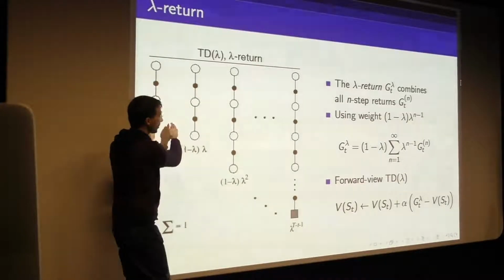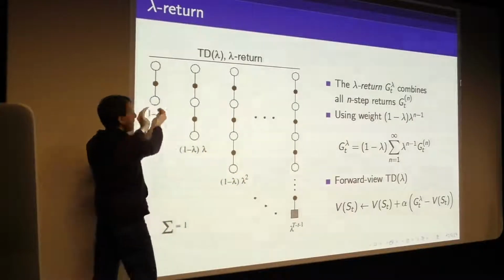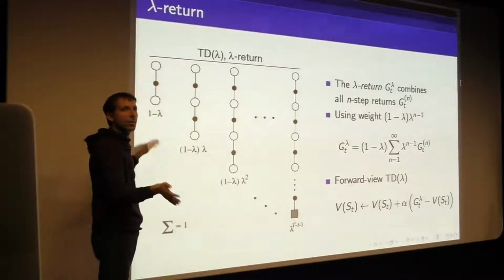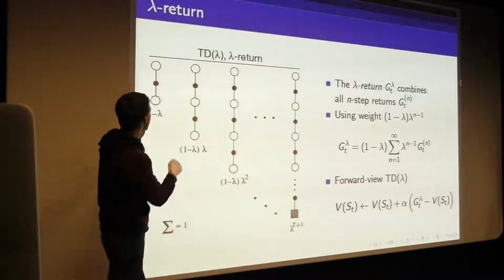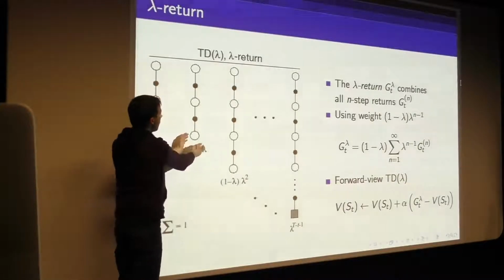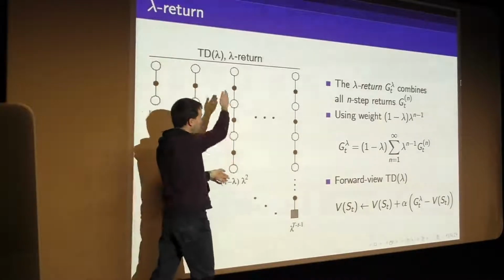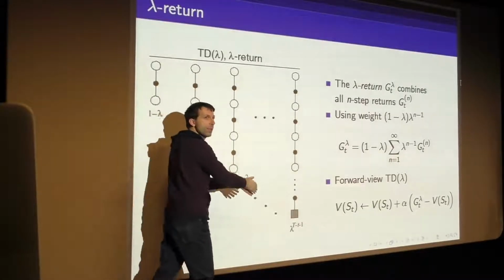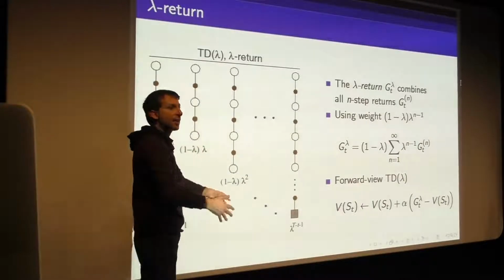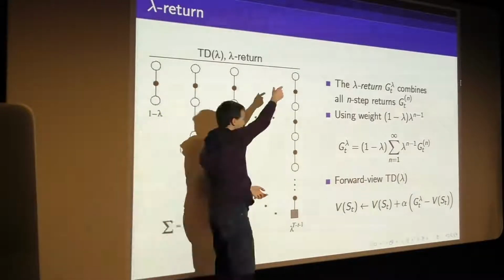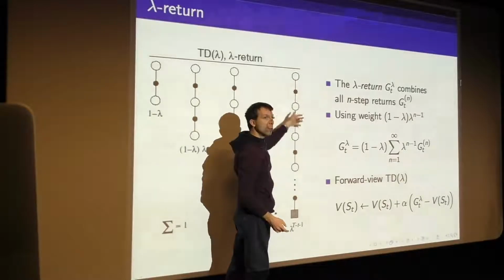And then we're going to keep multiplying successively by lambda. So this 1 minus lambda is just like a normalizing factor that makes all of our weights sum to 1. So what we're going to do is multiply our weight by lambda when we go from n equals 2 to n equals 3, by lambda again when we go to n equals 4, and so forth. So each one is successively weighted less and less until we get to the end of the episode, and we basically give all the remaining weight.